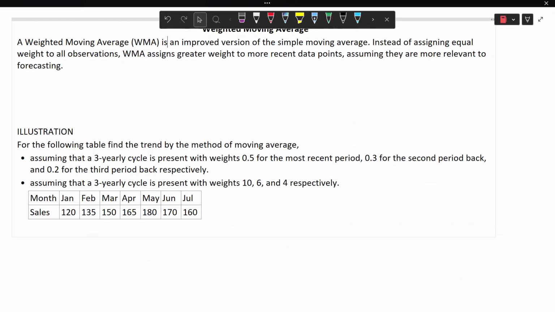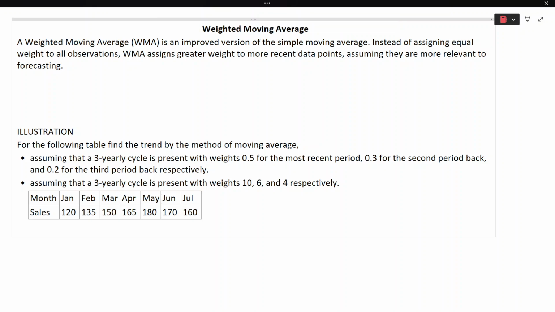Okay, welcome to another video on methods of finding the trend. We've already looked at the simple moving average. Here we are on the weighted moving average. And take note that the simple moving average assigns equal weight to the values. But the weighted moving average is just an upgraded version of the simple moving average.